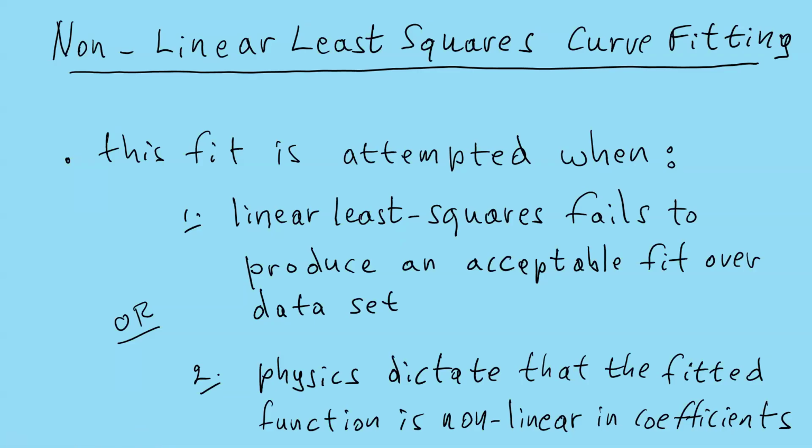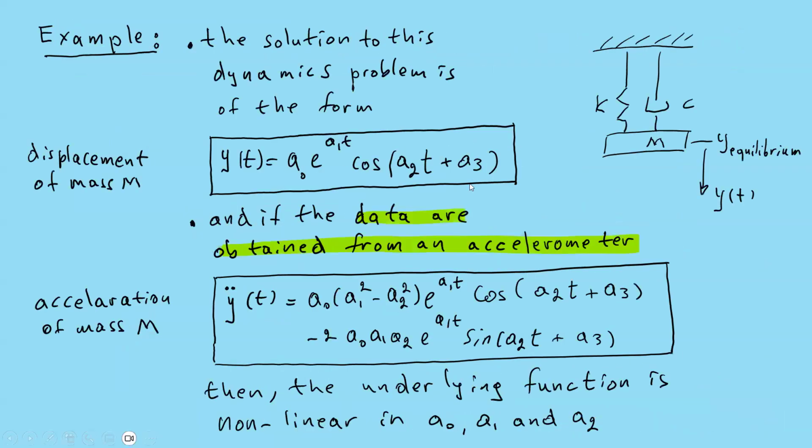Another category of least squares curve fitting is nonlinear. We use nonlinear least squares, okay, when the linear least squares fails to produce an acceptable fit over the data set, or under other conditions, when the physics dictates that the fitted function is nonlinear in the coefficients. For example, look at this example.